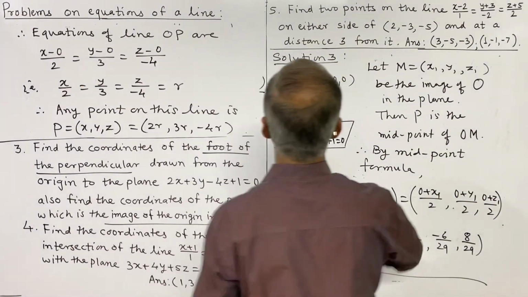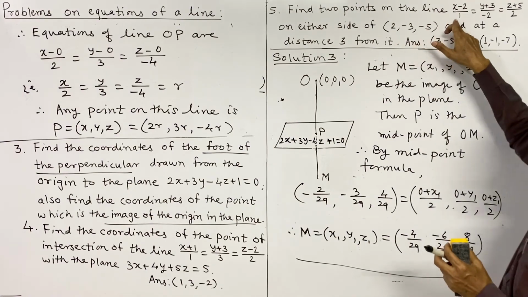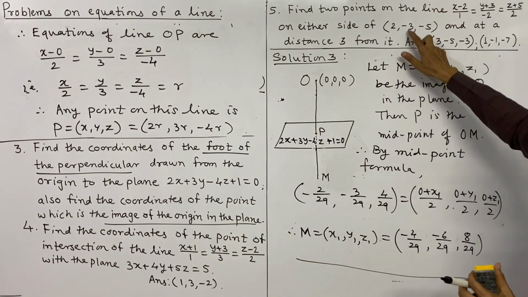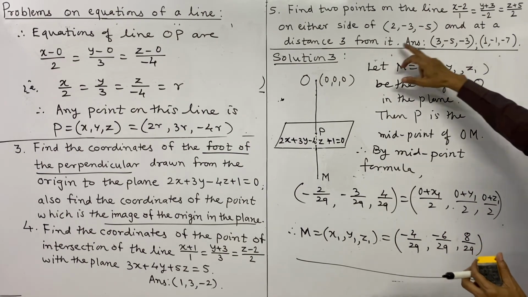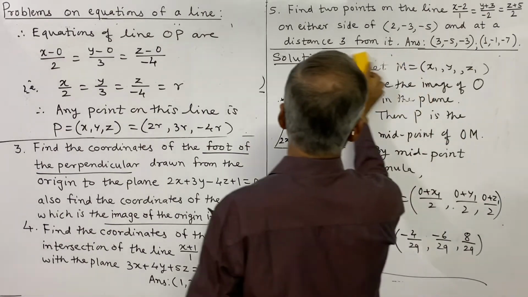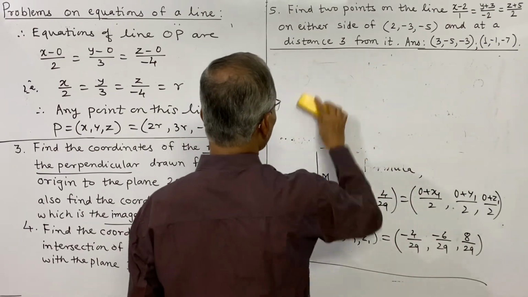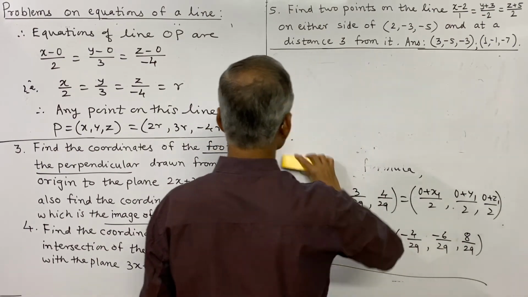Next one is: find 2 points on this line, on either side of this point and at a distance 3 from it. The meaning of this is that a line is given for the fifth problem.